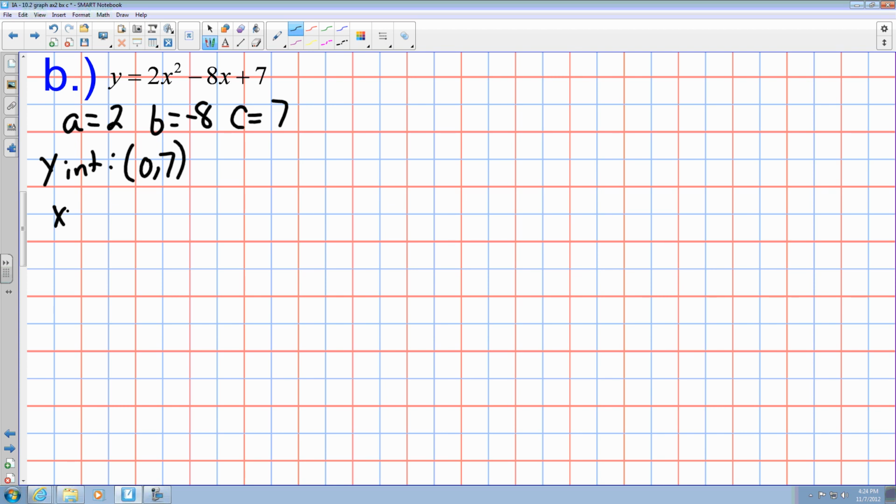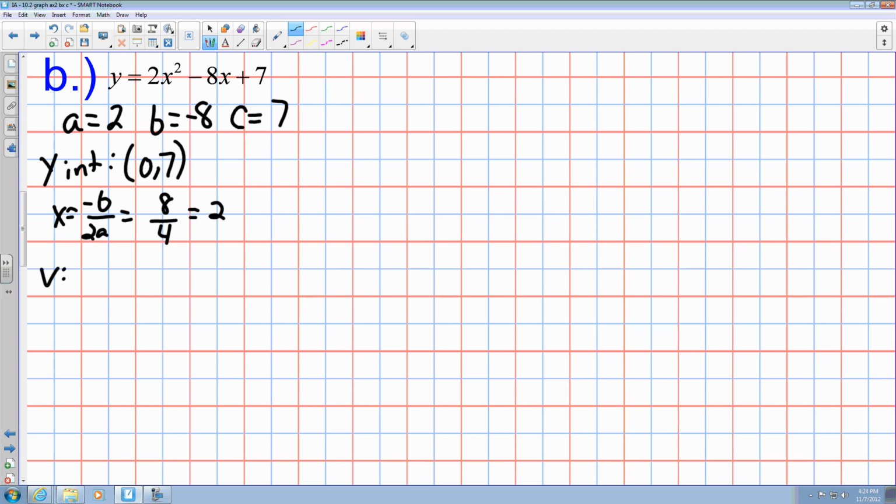Our axis of symmetry, again, we're going to use this equation. We have a negative 8 and we have a negative b, so that gives me a positive 8 divided by 4, and that gives me our axis of symmetry is x equals 2.